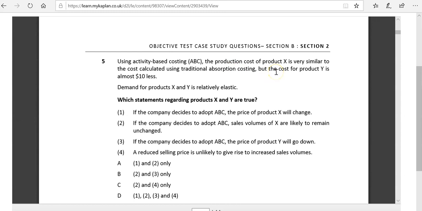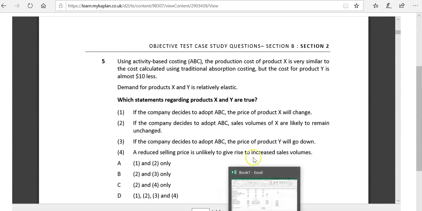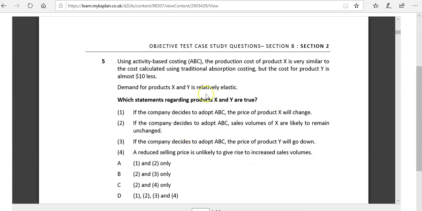But the cost for Y is almost £10 less. So ABC has worked quite well for Y. Say for example, it was £60 using traditional. It's come out at 50 using ABC.